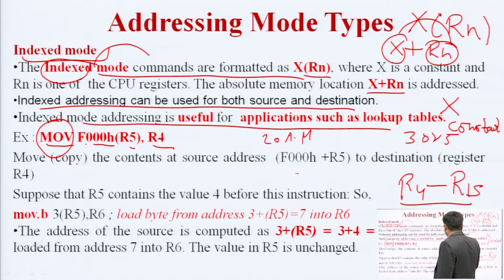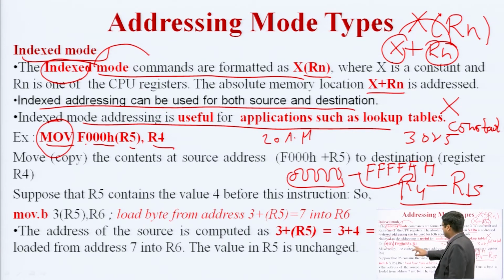That means the value ranges from 00000 to FFFFF. So this is the value, and we are moving the contents of R5 with this displacement value into R4.